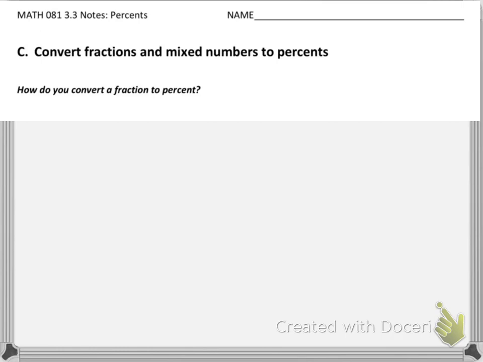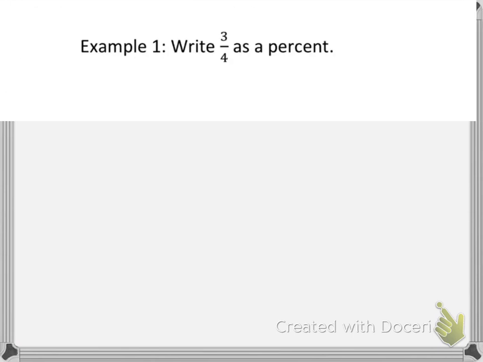Now we want to convert a fraction or a mixed number to a percent. So how do we do that? Well, let's do an example and we'll find out. So we want to write 3/4 as a percent. The easiest way to do this is to literally type 3 over 4 into our calculator.